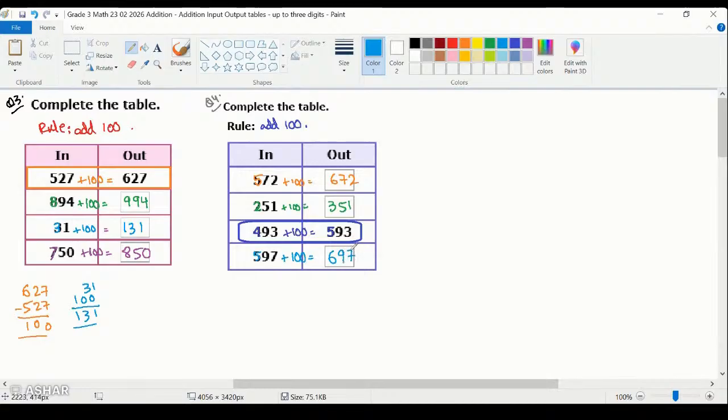The ones and the tens do not change. Only the 100th position is changing because we are adding 100 to it. Yes, perfect. 672. Okay, thank you.